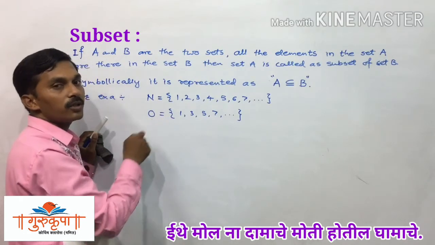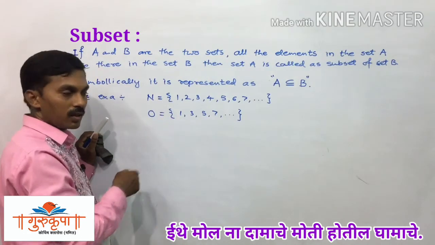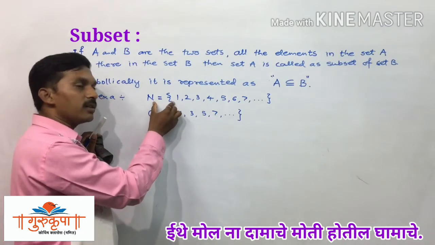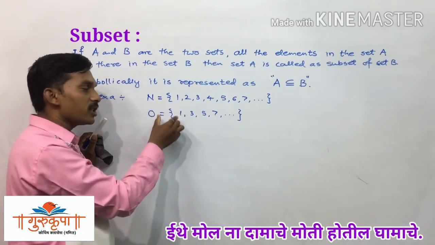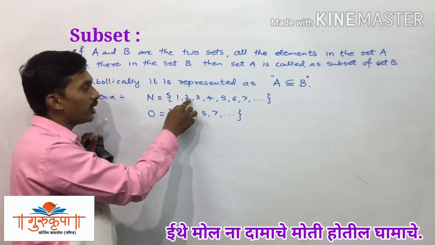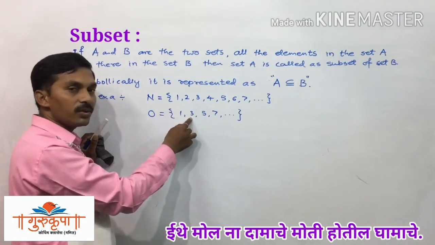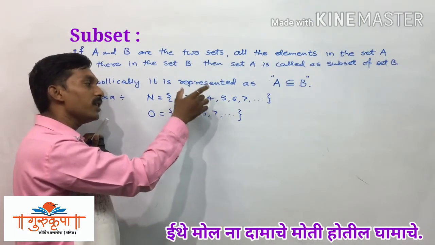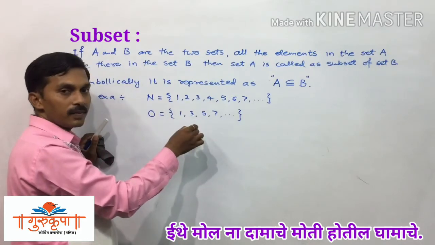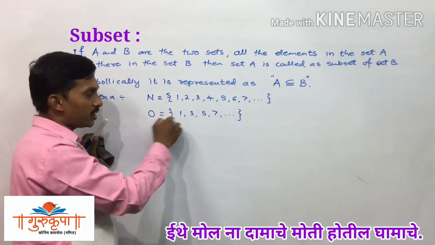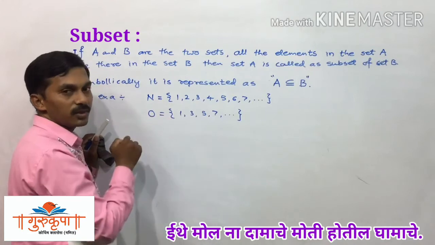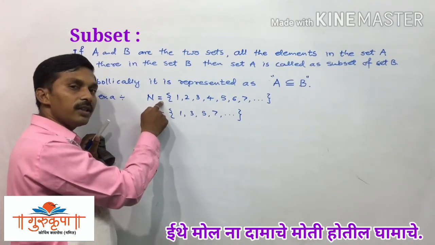That is a very important thing. Here O is a subset of N, but N is not a subset of O. Why? Because we have 2 here, but 2 is not there in O. We have 4 here, meaning we do not have any even number in this set. This is the set of all the odd natural numbers, and this is the set of natural numbers.